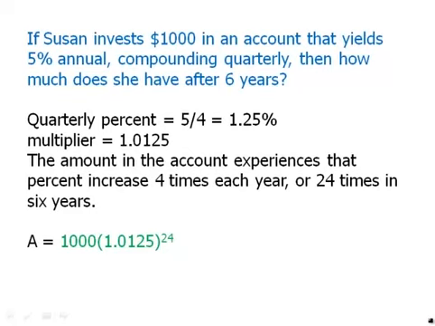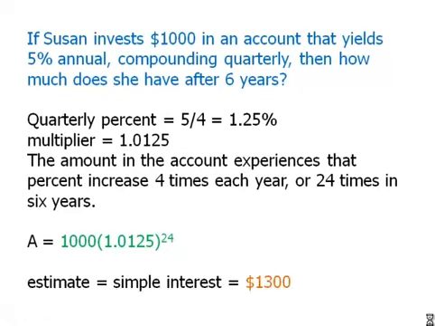So that means in 6 years, they'd get $50 6 times, $300. That means simple interest gives us $1,300. So we can estimate that the compounding interest over 6 years is going to be something slightly more than $1,300. Probably not going to be as large as $1,400. So that kind of gives us a ballpark range for how much interest we're going to accrue here.